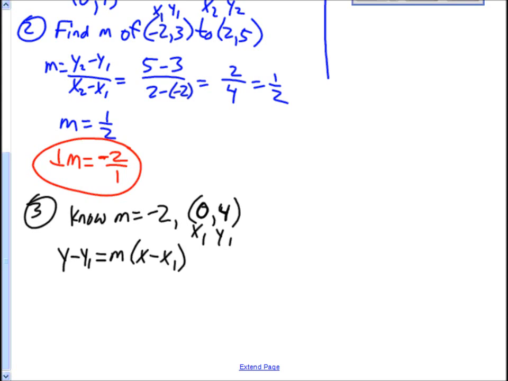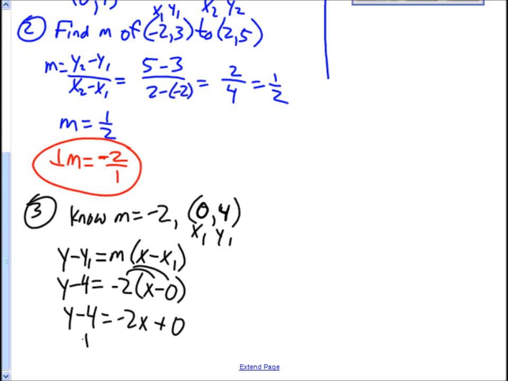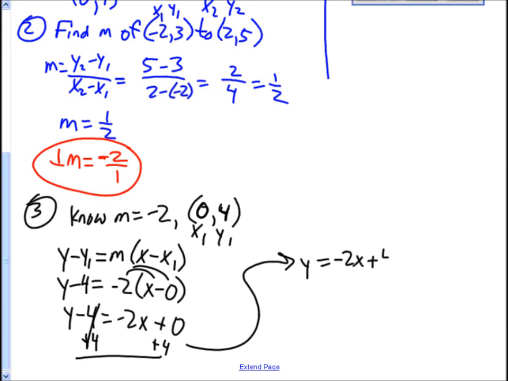Use the point slope formula from here because I have a point and I have a slope. And you go ahead and you plug the stuff in, okay? You finish it off. Okay, that is the equation. That right there is the equation of that red line.